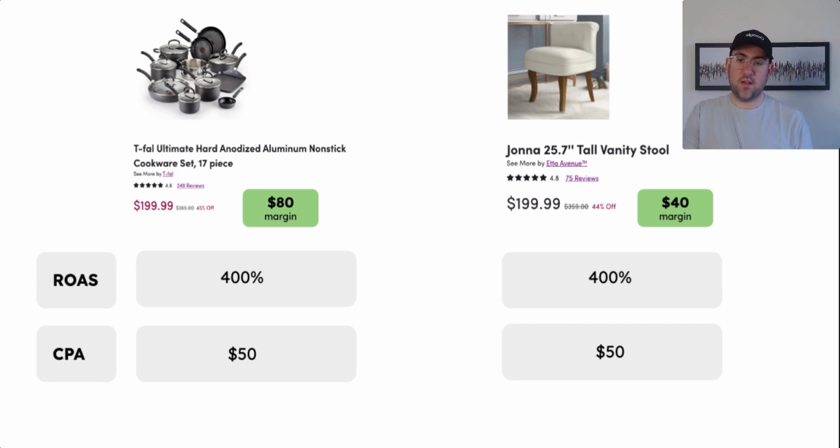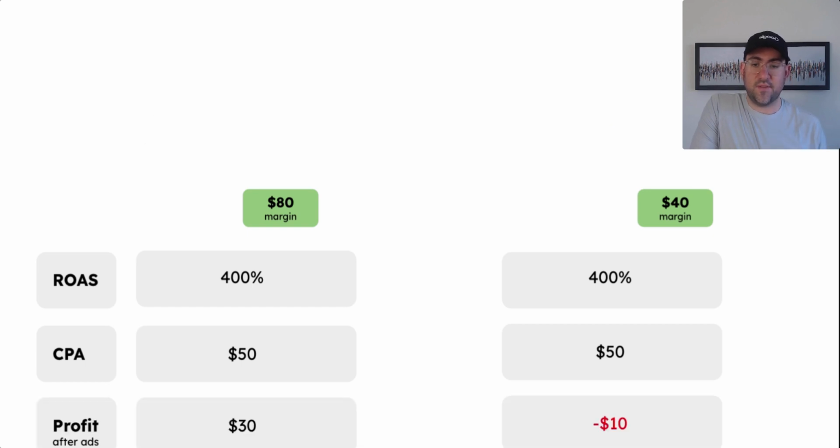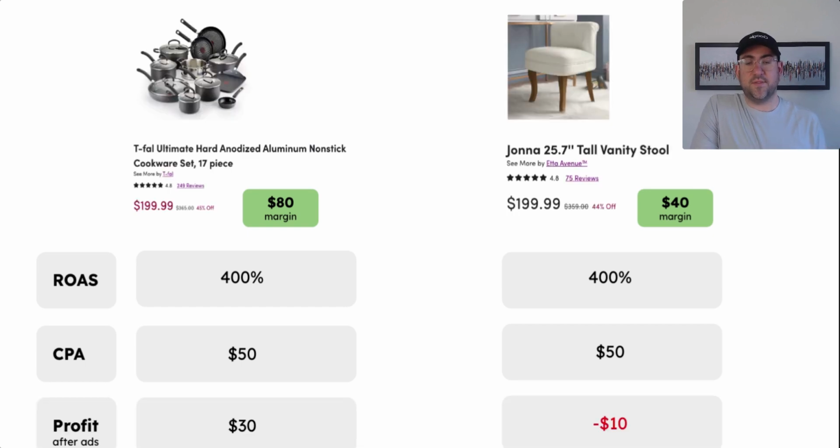They're paying $50 on the left to drive $80 in profit. However, on the right, they're spending $50 to drive $40 in profit. They're losing money after taking their costs and their fulfillment costs into account, and then treating them the same when it comes to the way that they're bidding and targeting these products on Google Ads.